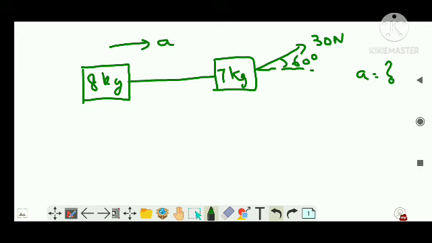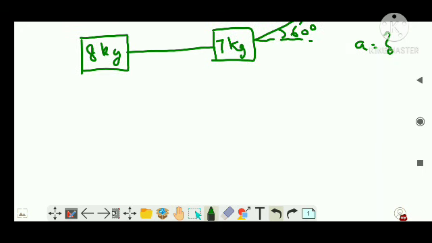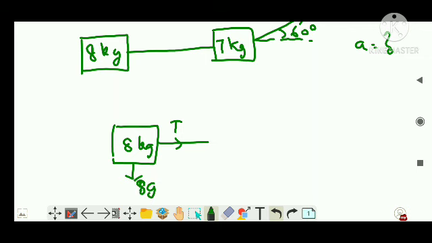It's simple maths. First I have told you, whenever you are getting a figure like this, or a type of question like this, always take each mass separately. The string is there, so tension will be there, weight 8g downwards, upwards normal reaction, those are the only forces regarding the 8 kilogram mass.